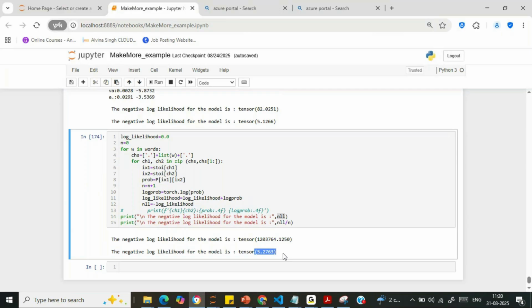Now what we need to do, over here it might be possible this particular value can come to infinity.